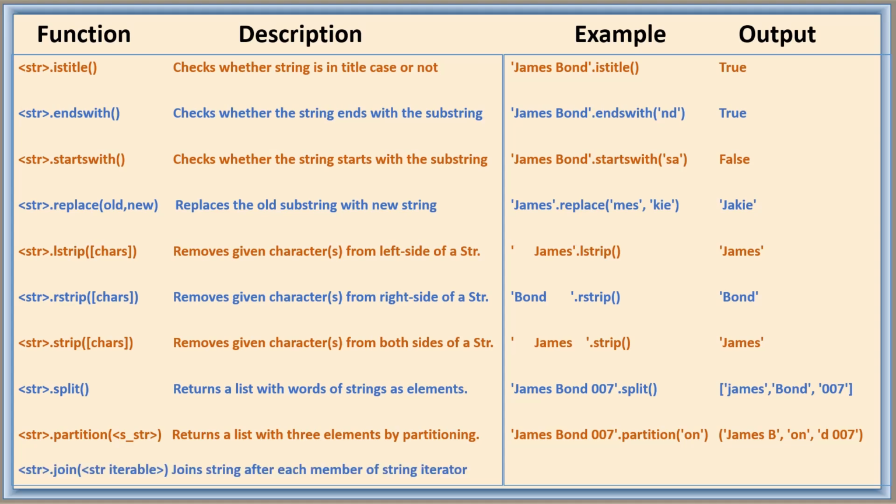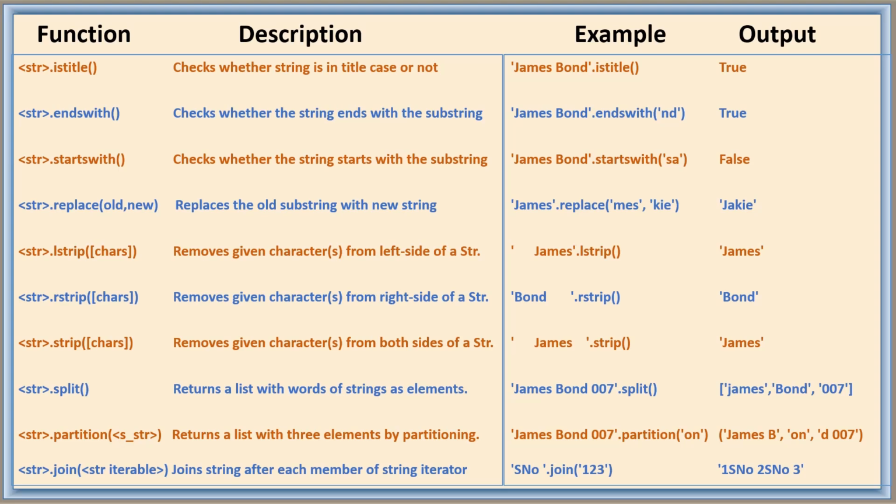String.join, then the argument is a string iterable. This will join each member of the string iterable after the string, so it will repeat until the string iterable gets over. For example, serial number is the string, join 123.